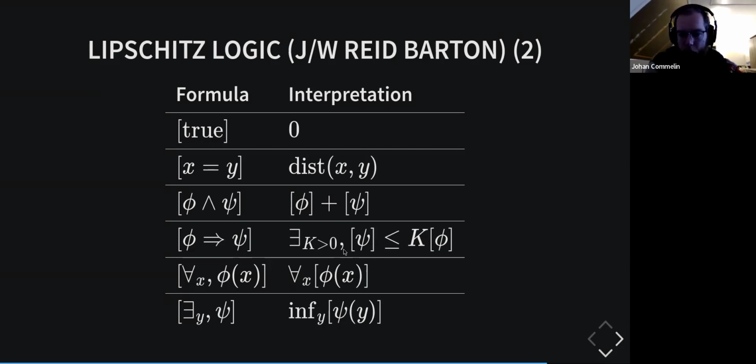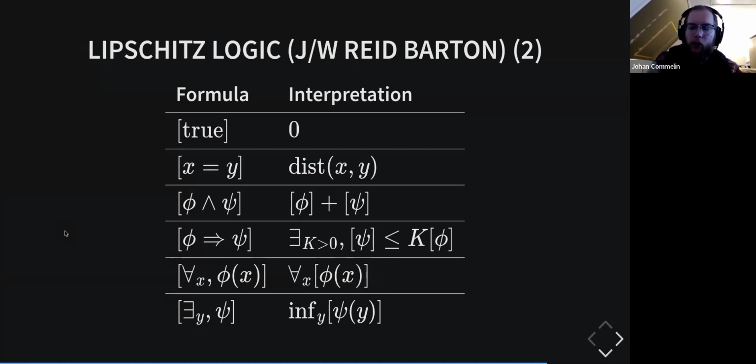It says there exists a positive constant k such that the landscape that was on the right-hand side of the implication is less than k times the landscape corresponding to the left-hand side. Okay. Then we have for all, and that's just what it is, and existentials are interpreted by infima.